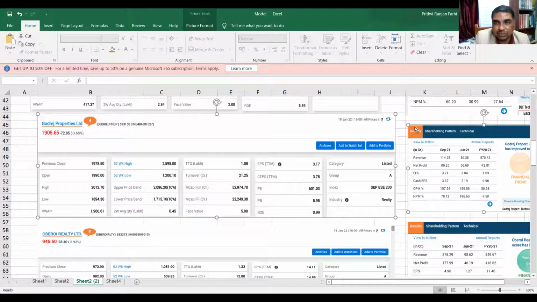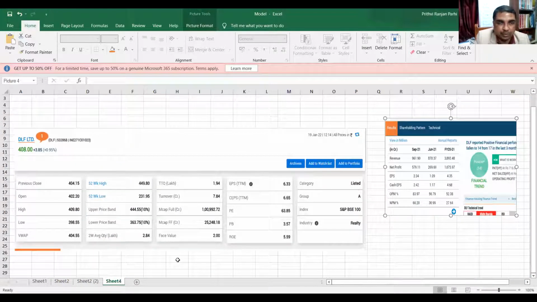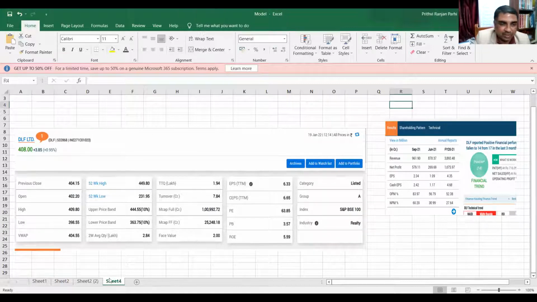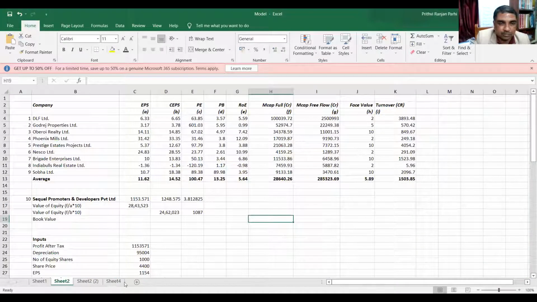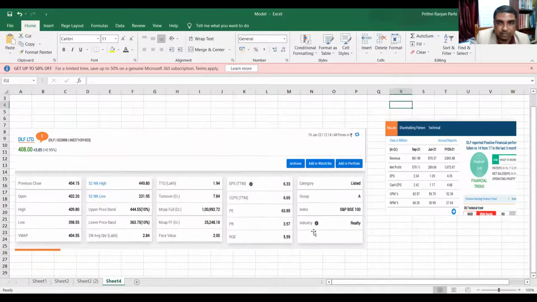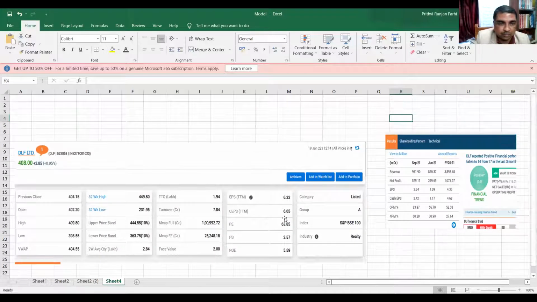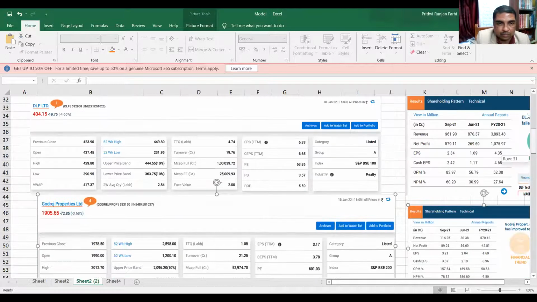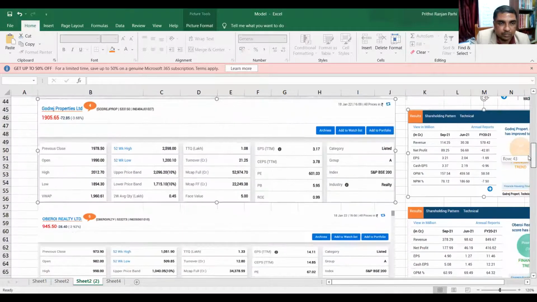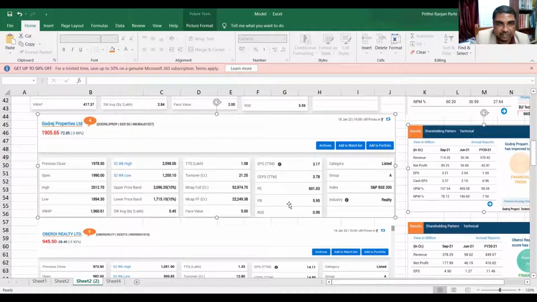All these things are ready. So Godrej data I can take very quickly. Let me copy it for you. This is the data for Godrej.